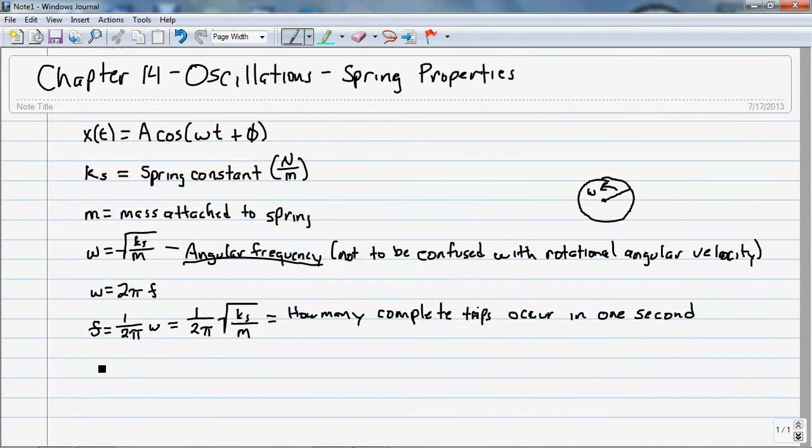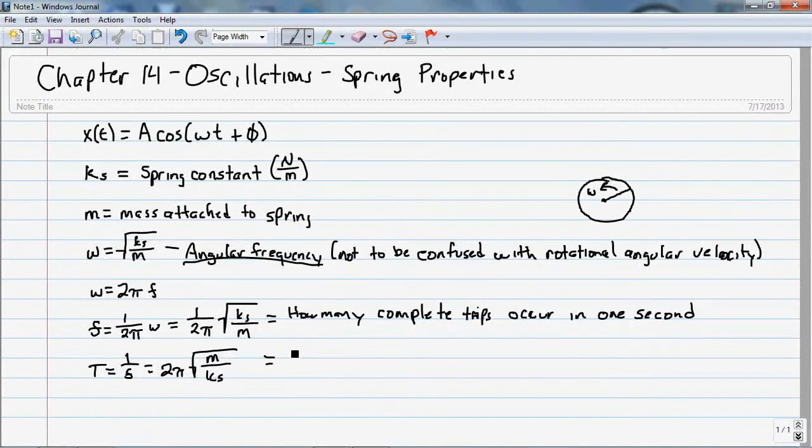And we also have the period, which is just 1 over the frequency, and that's just going to be 2 pi times the square root of the mass over the spring constant.